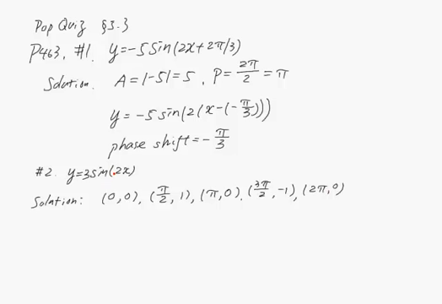To get the 5 key points for this function, we may just set 2x equal to the x coordinates of the 5 key points of y equal to sine of x.